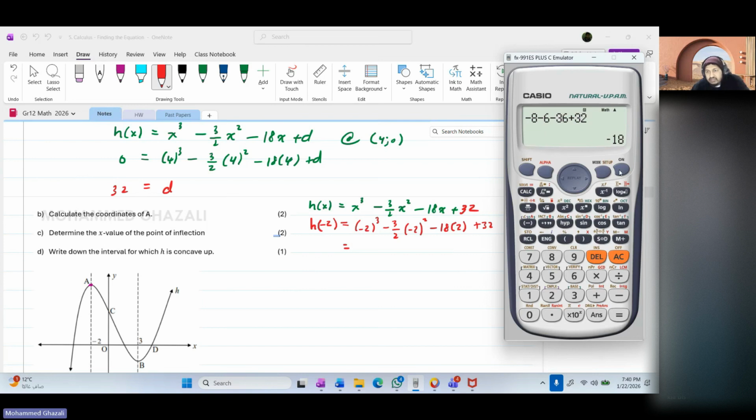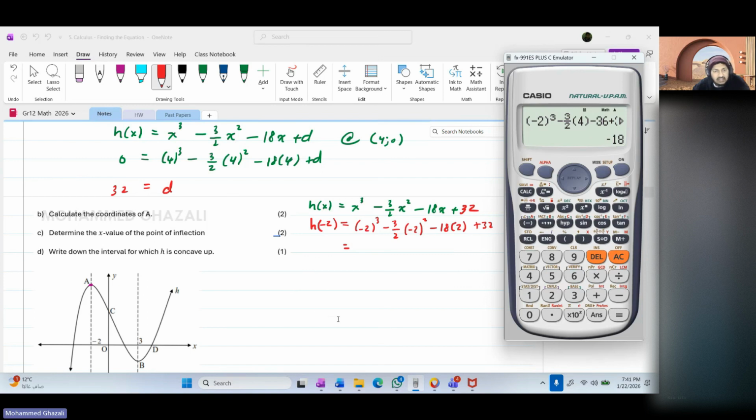The y value needs to be positive. So I'm substituting -2 inside, so -2 cubed to the power 3, minus 3 over 2 times -2 squared is 4, right? Minus 18 times 2 is 36, minus 36 plus 32.